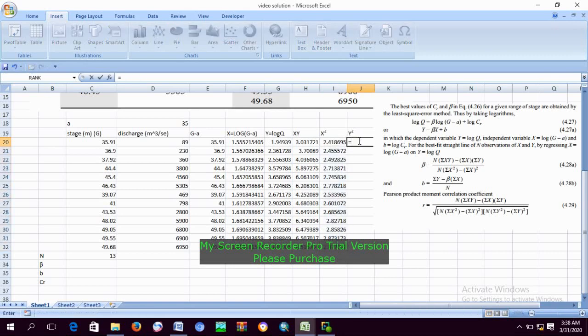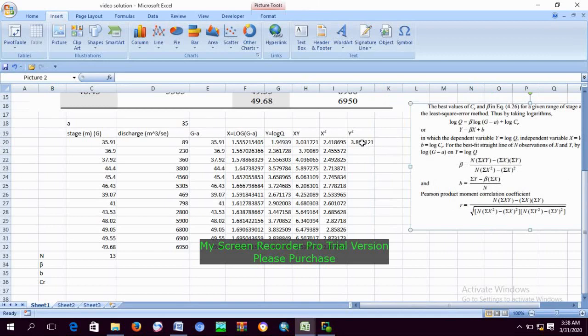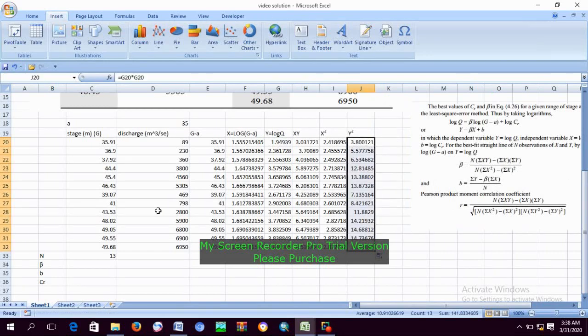And y square is equal to y times y, and drag it. For the sake of simplicity, we can call xy, x square, and y square parameters, in order to simplify our understanding.